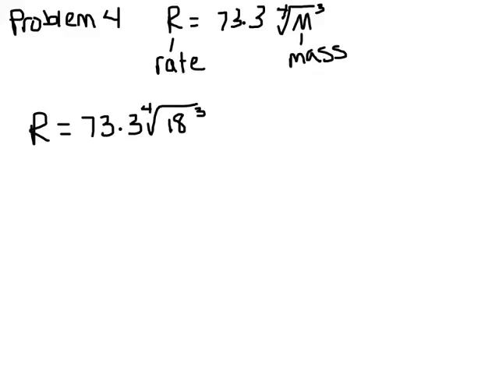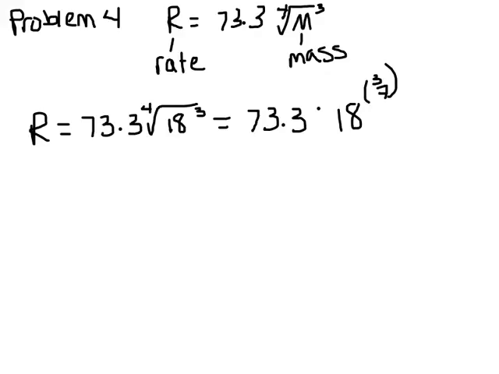Alright, from here, you're actually allowed to use your calculator to estimate. So the way to do that is you're going to do 73.3 times, and then you're going to do 18. In the parentheses, you're going to use 3/4 as your power.